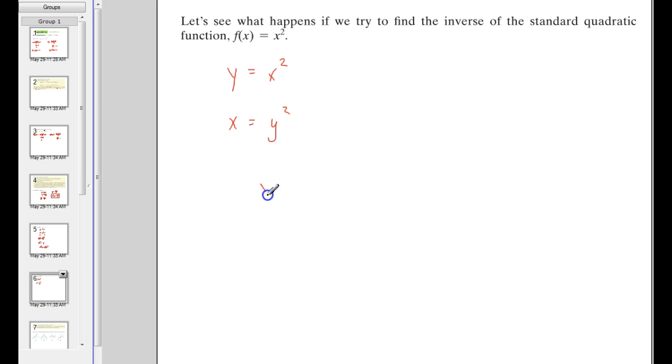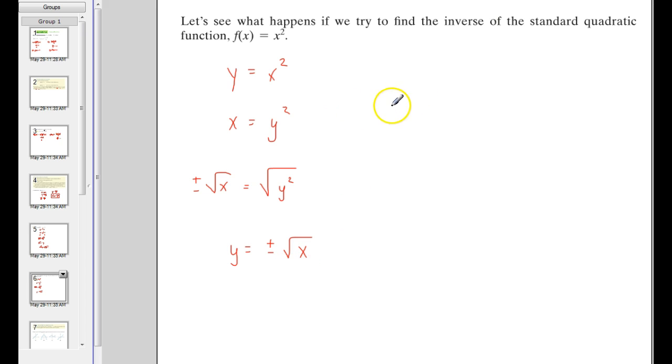And what you have to remember is when you take a square root, you have to take into consideration that if I squared some number and got x, then this number over here, when I undo this, when I take the square root, could have been positive or it could have been negative. So we get y equals plus or minus the square root of x.